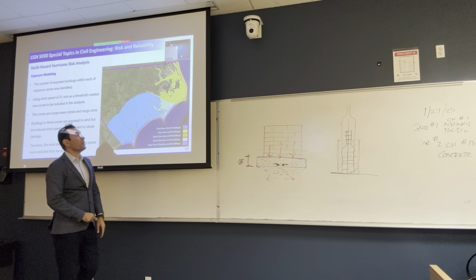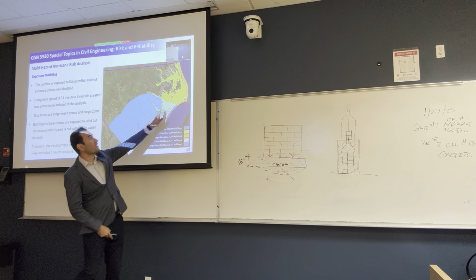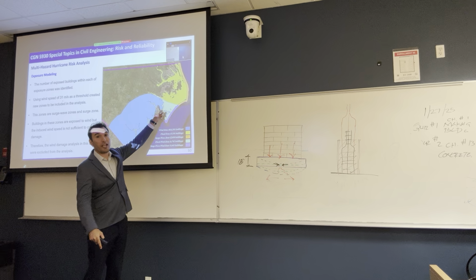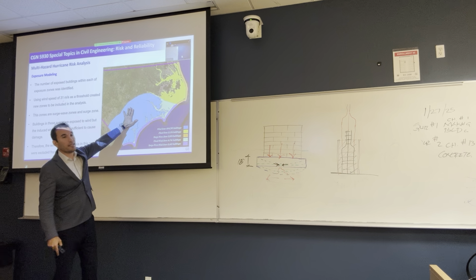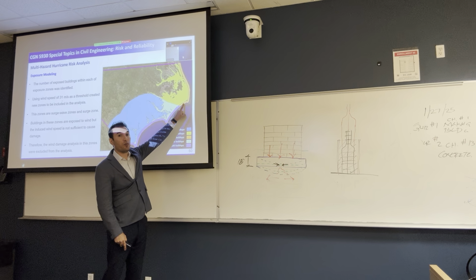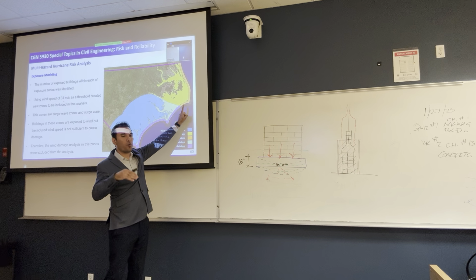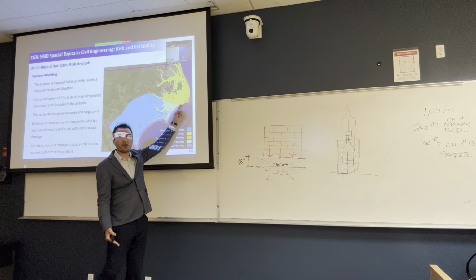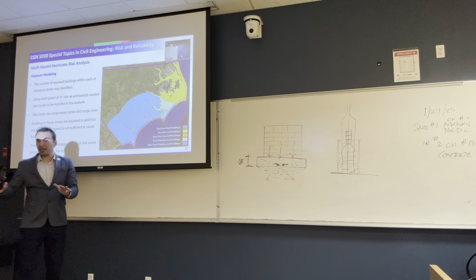So exposed to the three parts. This area is not exposed to much wave or a damaging wave, but exposed to storm surge and wind. This area is exposed to wind only. This area is exposed to storm surge and wave without wind, or with wind, but this wind is not damaging. This area is exposed to surge only. Do you guys understand this?